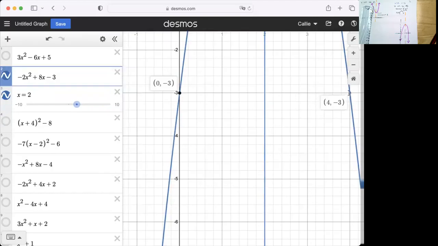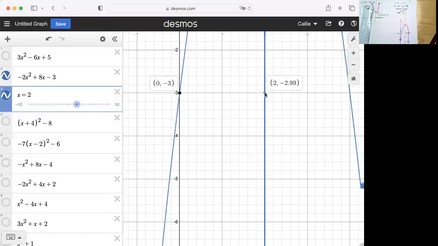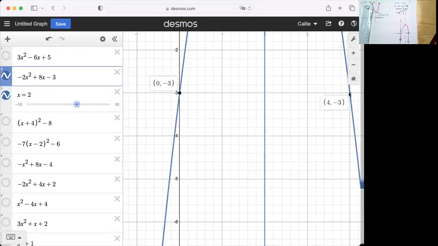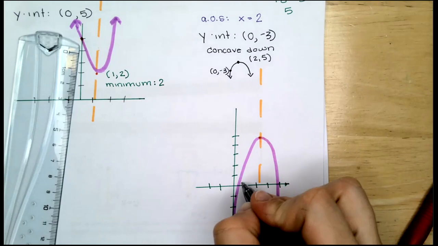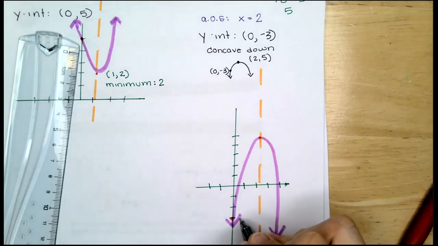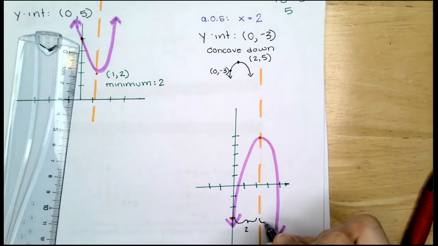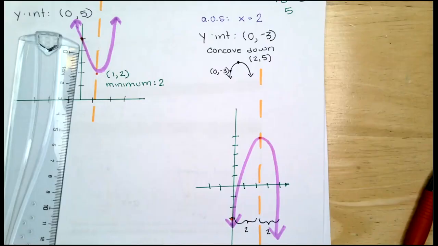So this should be the point 4, negative 3 because it's 2 units. 0, negative 3 is 2 units to the left of 2, negative 3, and then 2 units to the right of 2, negative 3 is 4, negative 3. So that's just what it means by axis of symmetry. This distance is 2 units, and this distance, even though my graph's not good, is also 2 units. So those are the same distance.